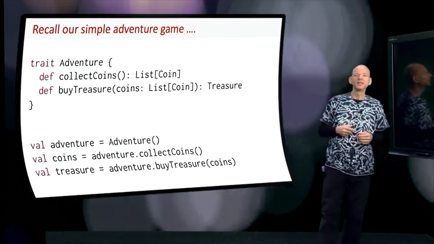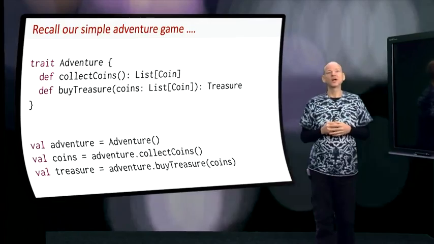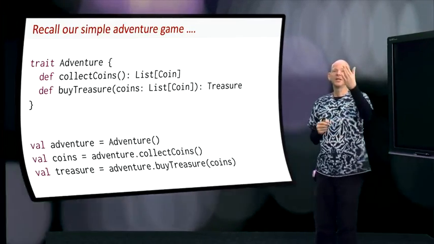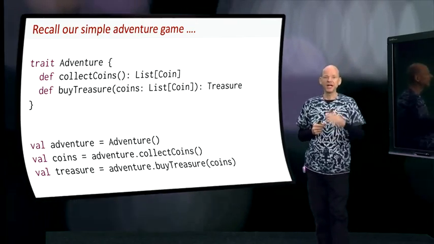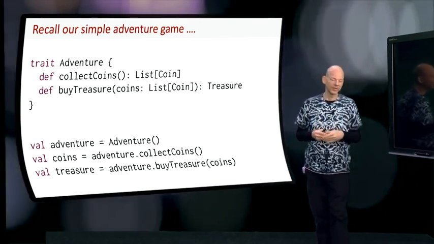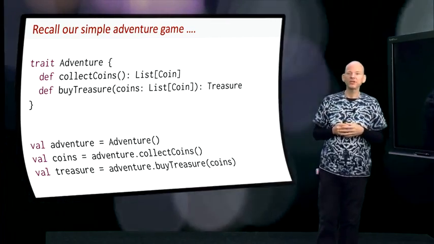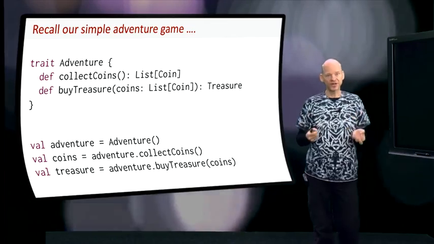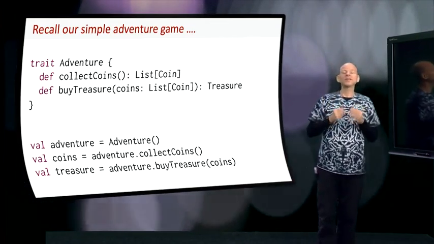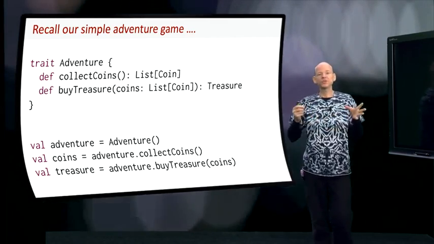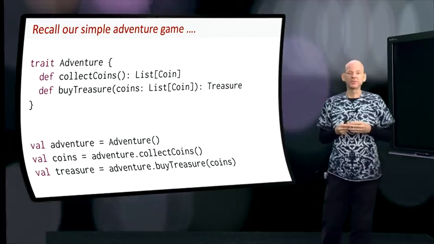All right. Let's go back to our simple adventure game where we had collect coins and buy treasure. And then we had this little script where we first collected some coins and then we bought treasure. What we're going to do is morph this little adventure game into a networking script.